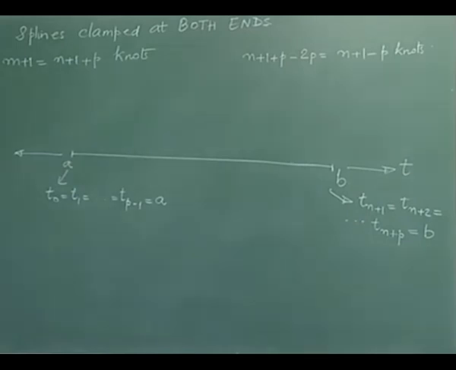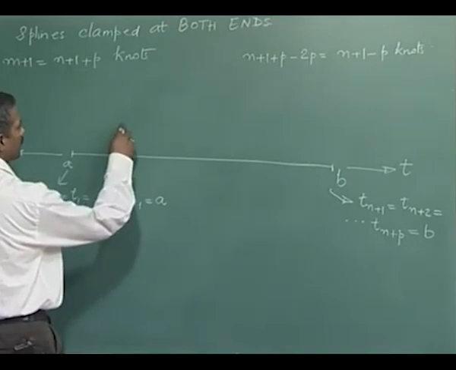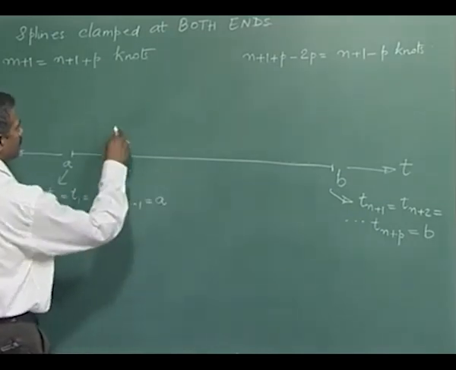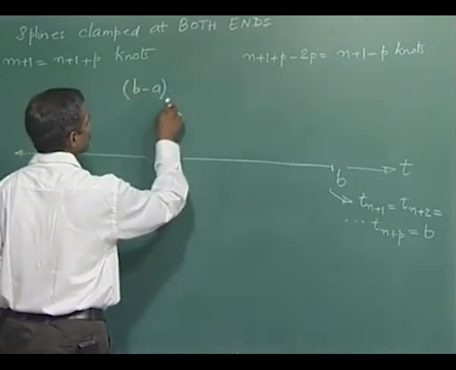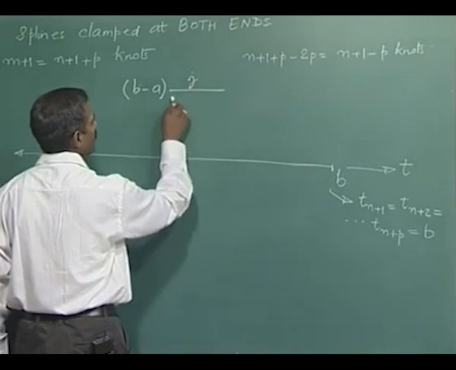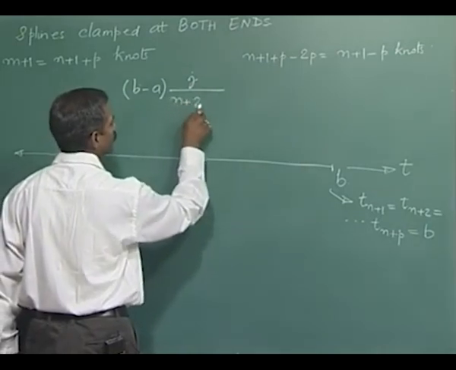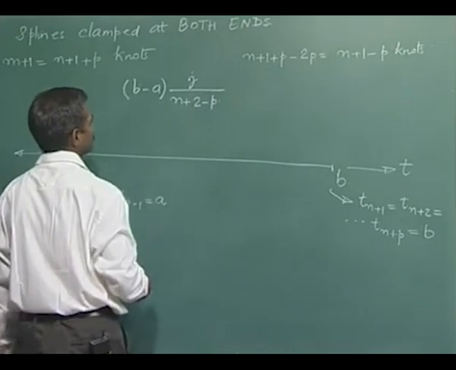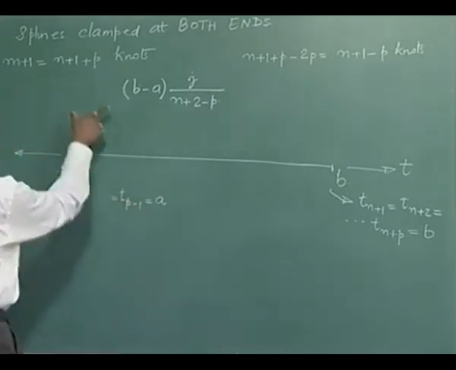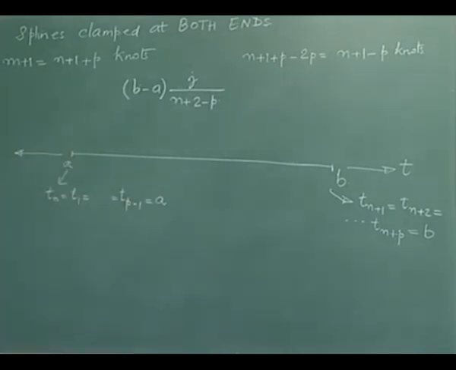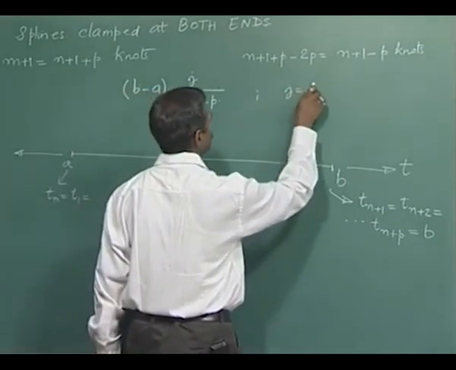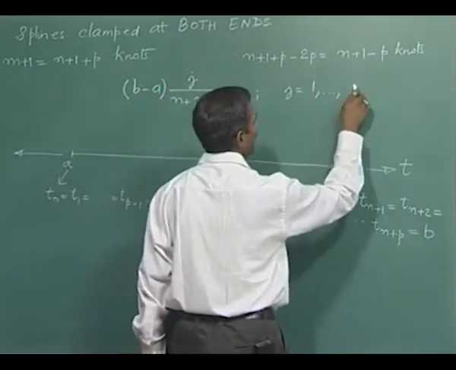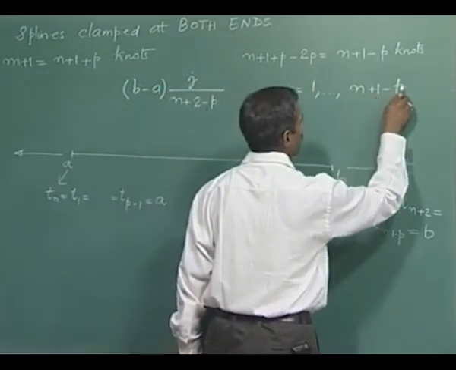So with the evenly spaced scheme, we are saying that these intermediate knots are placed as B minus A times j over n plus 2 minus p. We'll have something here. We'll worry about that later. Here j is going from 1 up till n plus 1 minus p.